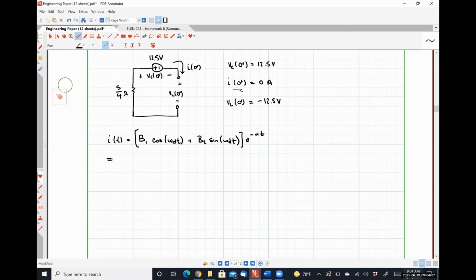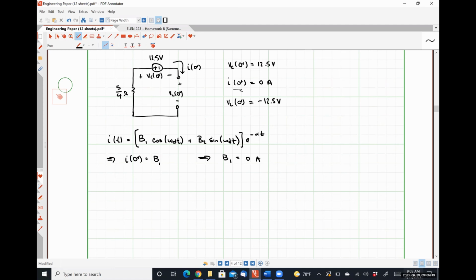So I at 0 plus just looks like B1, right? Because cosine of 0 goes to 1, sine of 0 is 0, and e to the 0 is also 1. So we just have B1 plus 0 times 1 is B1. So from this, we can say that B1 is 0 amps. All right, so that's easy enough.